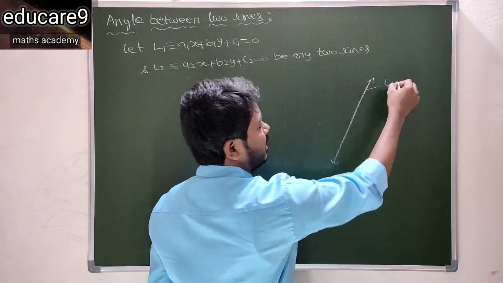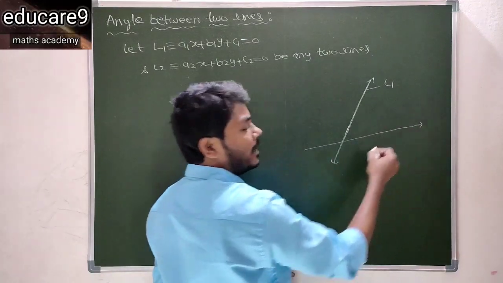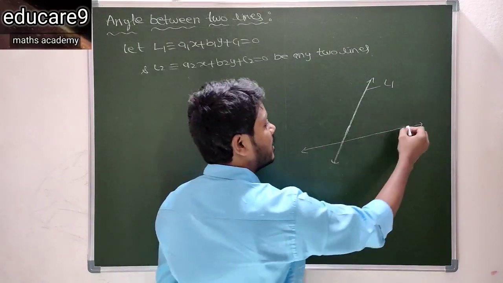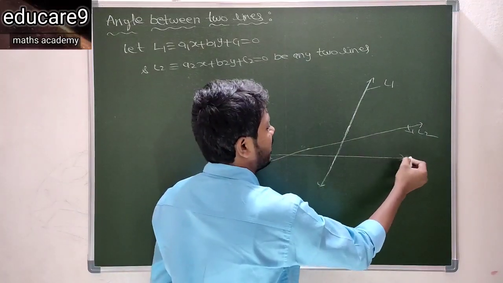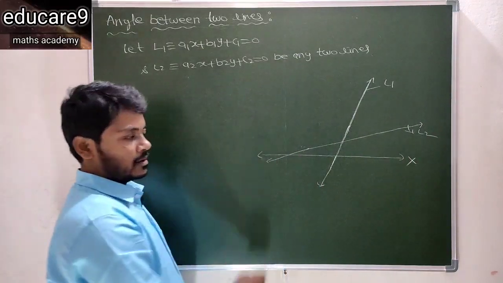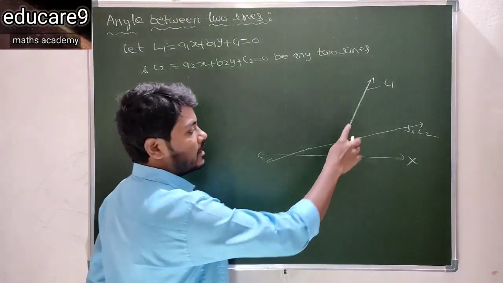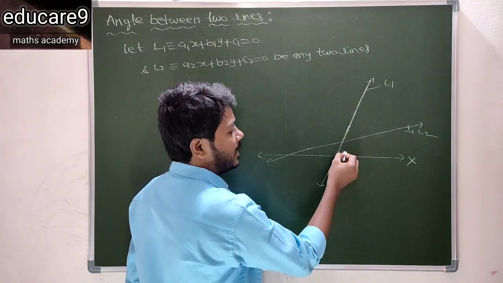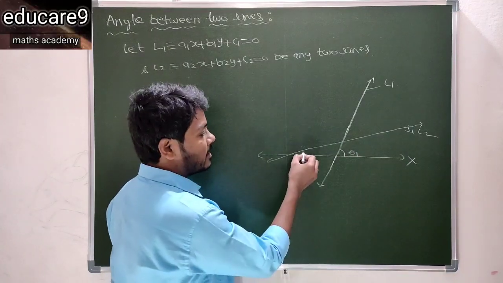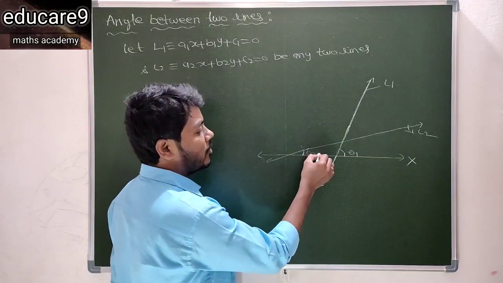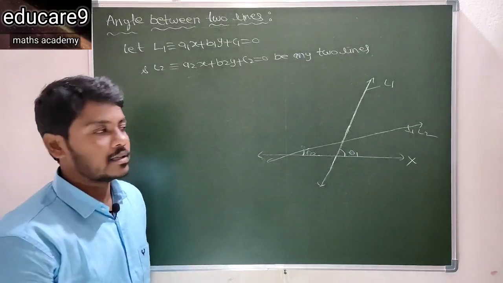So here, this is the L1 line and this is the L2 line. Okay. So this is the x-axis. Now this line makes an angle theta 1 with the x-axis and this line makes an angle theta 2 with the x-axis.